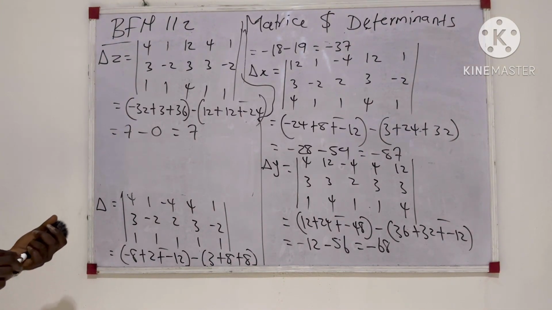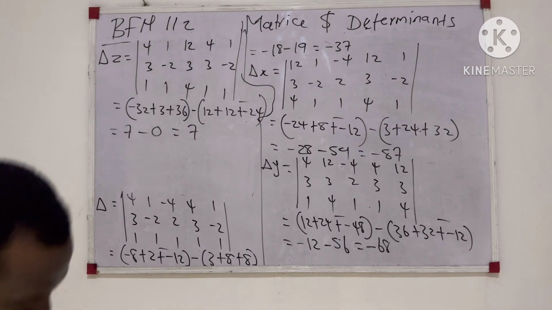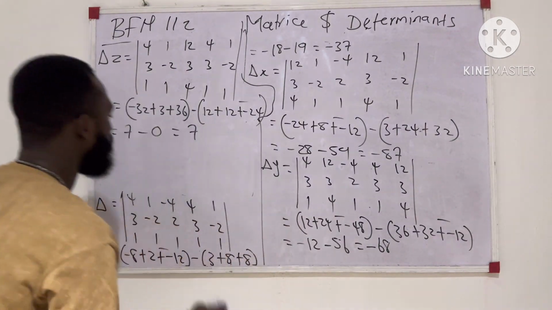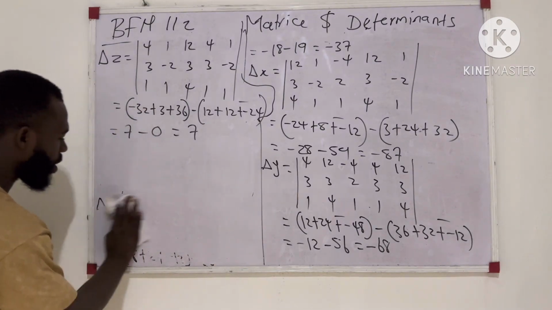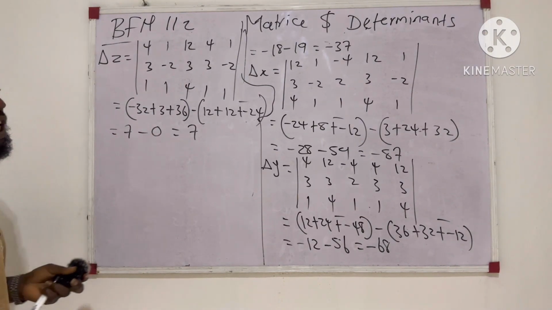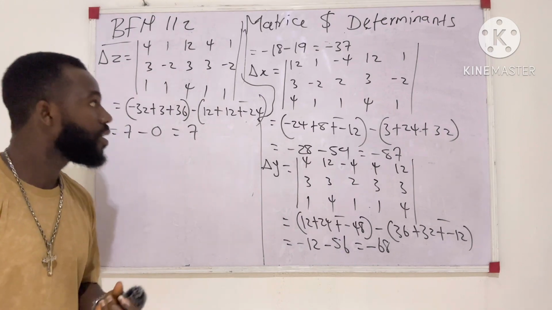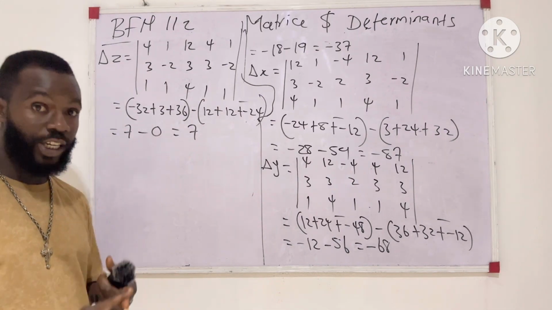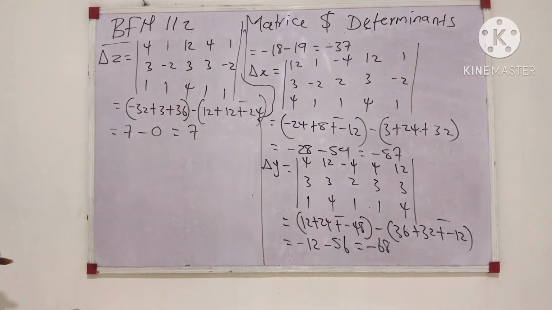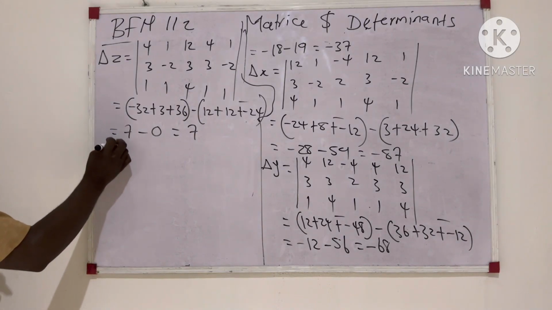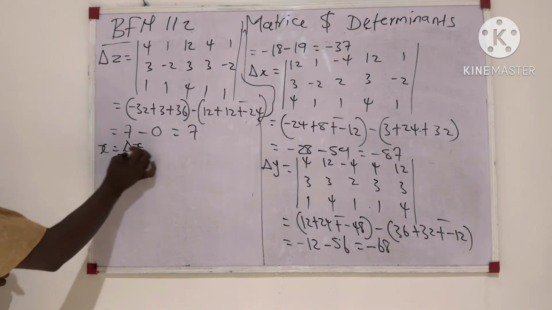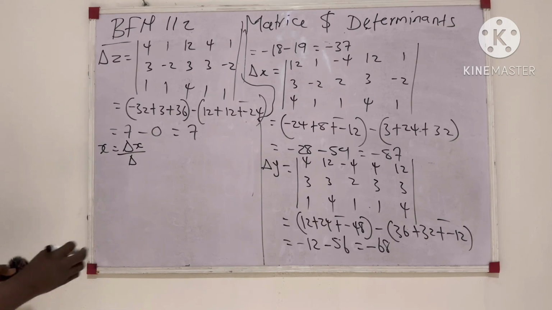Alright. So, now that we have gotten change in X, change in Y, change in Z, and we've also gotten change, let us find the values of X, Y, Z. X is equal to change in X over change.